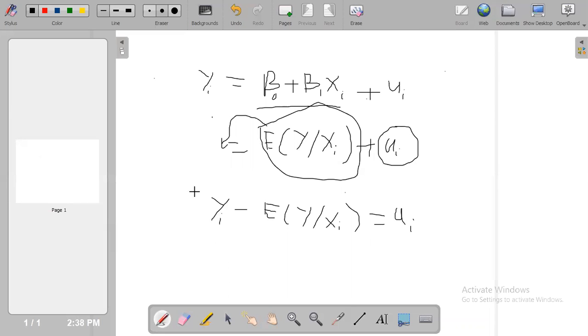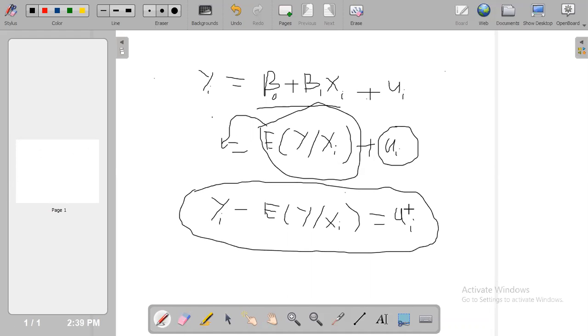So the disturbance term is simply the difference between the observed values of y in the population minus the conditional mean of y corresponding to a given x.